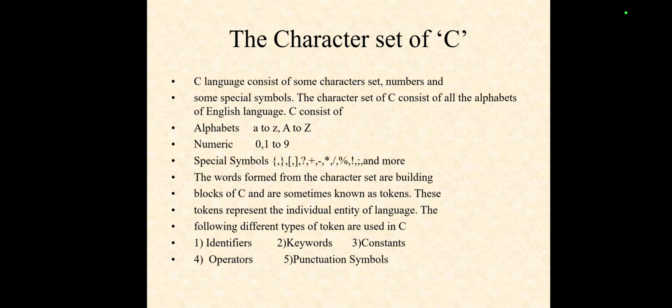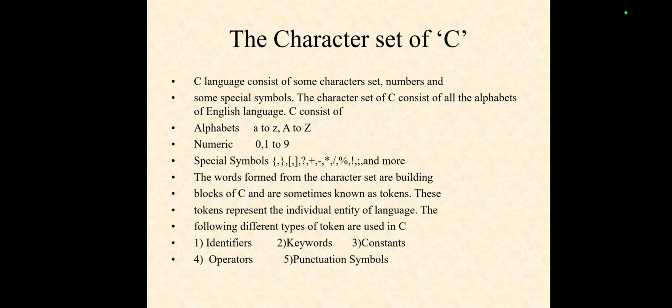So in C language there is a character set, which means some specific characters which are allowed in the C language. First of all we have to see that the C language consists of a character set of alphabets, numbers, and some special symbols. The character set of C consists of all the alphabets.